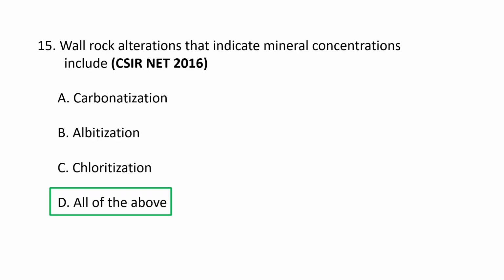And albitization is a significant type of wall rock alteration that frequently indicates the presence of mineral concentrations, and it involves the hydrothermal replacement of minerals, particularly calcium bearing plagioclase feldspar with sodium rich albite. So the wall rock alterations that indicate mineral concentrations include carbonatization, albitization, and chloritization. Hence, D, all of the above, is the correct option.